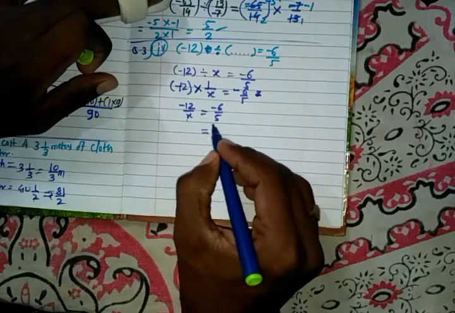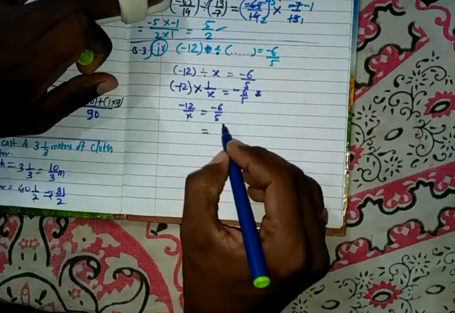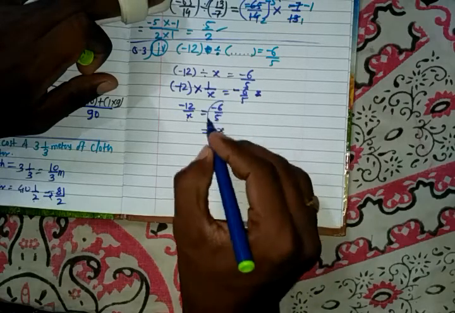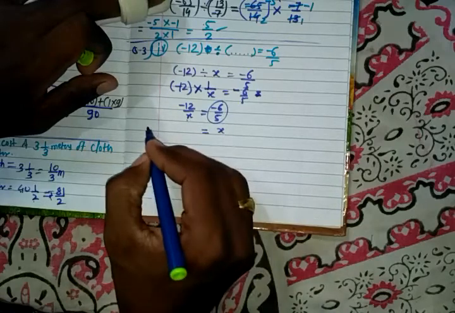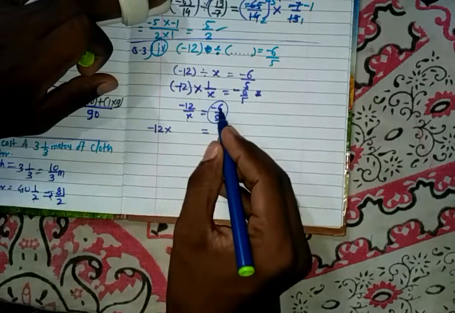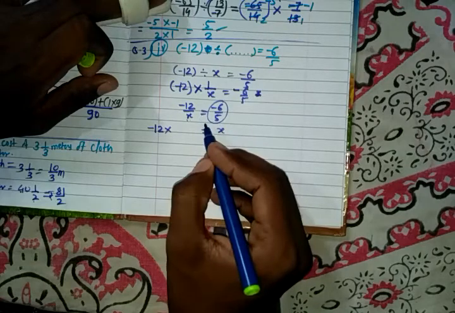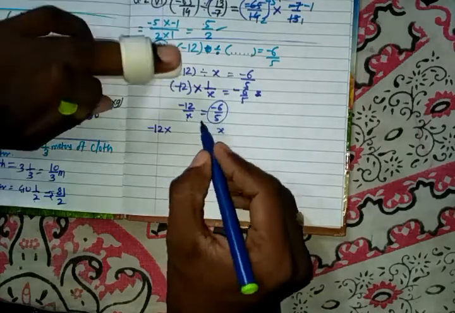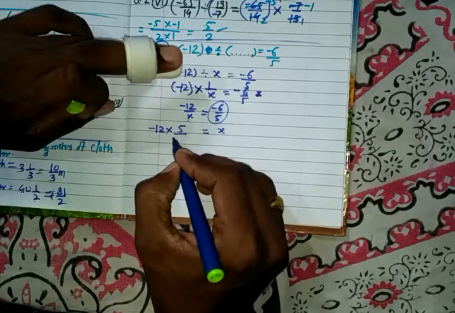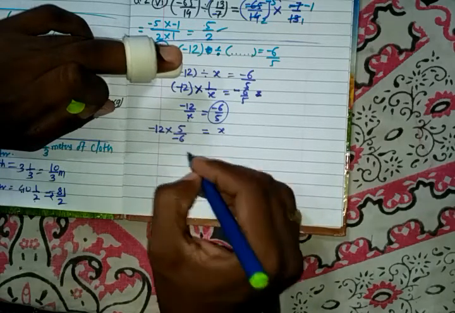So it goes from denominator to numerator. So x and this whole rational number are shifted toward the left-hand side. So minus 12 into, when we shift a rational number to the other side where there is a multiplication, I will take its reciprocal, that is minus 5 by 6.